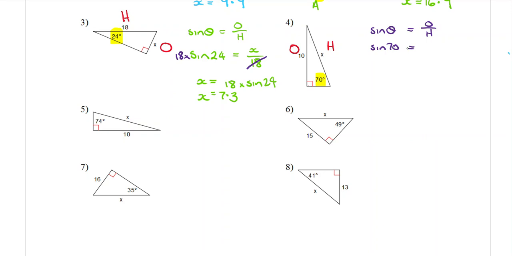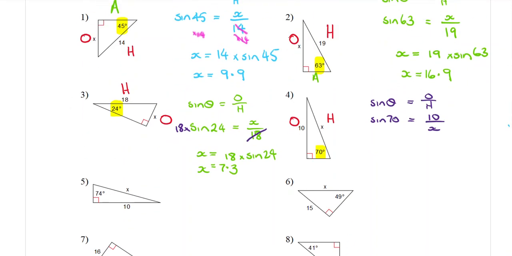So the 10 has to be on the top because O has to be on the top. 10 over, and the hypotenuse is the x. Look at the other three questions. X is on the top, x is on the top, x is on the top. This is the first one where x is on the bottom. So there really are two different types that we're doing with the sine rule today.